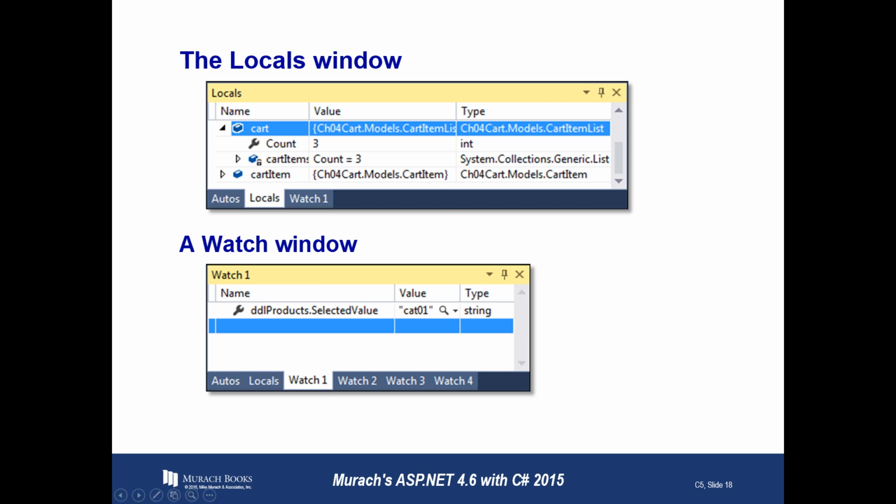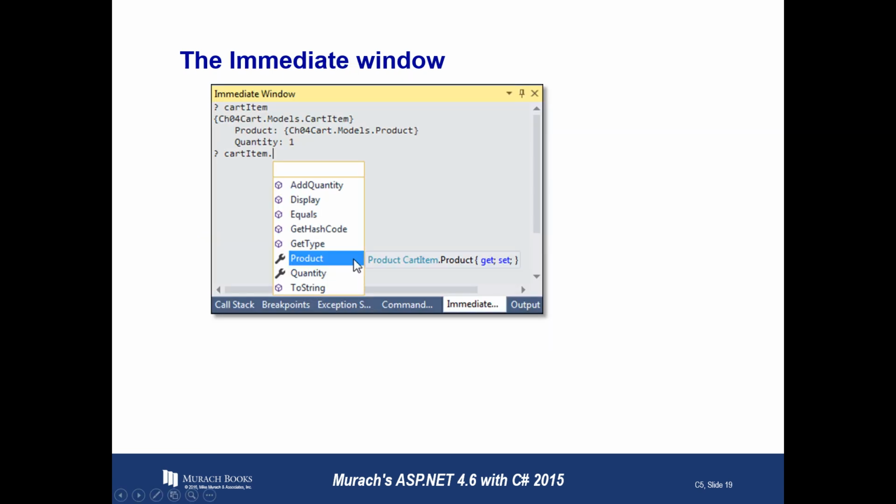All right. There's also something called the immediate window, and this is also shown on page 191. The immediate window is used to display specific values from a program while the program is executing. So the system is showing you what's available here, and you can highlight something, and then it'll show you the current values of those.